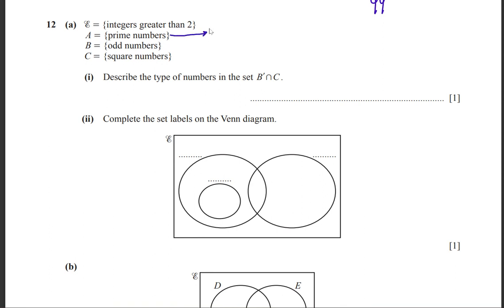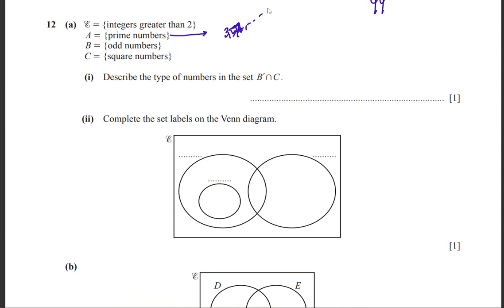What are the prime numbers? The prime numbers are 2, 3, 5, 7, and so on. But he said that the universal set is greater than 2. That means the prime numbers in my question are 3, 5, 7, and so on. We all know that all prime numbers are odd, only 2 is even.